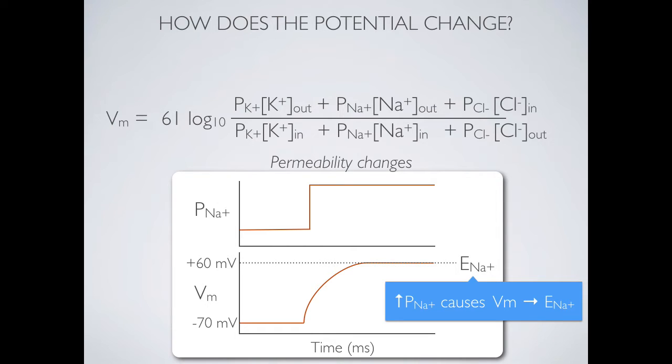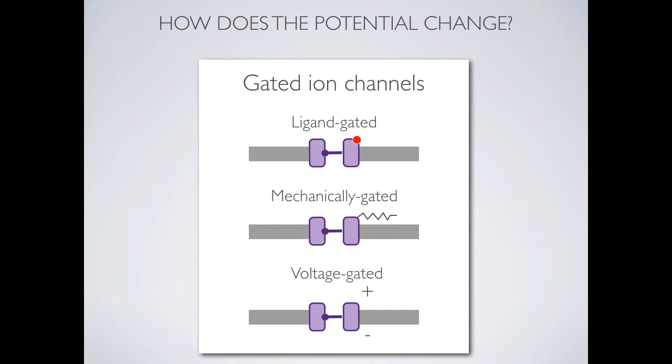How does the permeability change? Well, we talked about how there are these transmembrane proteins called channel proteins, and they're essentially these liquid-filled pores that are specific to a particular ion. And one class of them is they're just open all the time, like the potassium leak channels. But then there's this other class of gated channels. And they can be gated in these three different ways. Either they bind to a chemical called a ligand. Those are the ligand-gated channels.